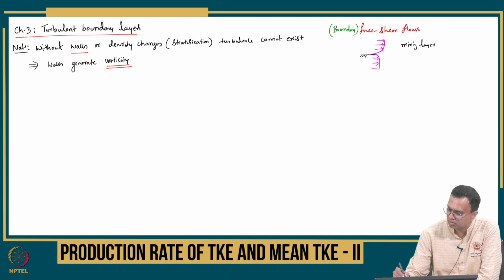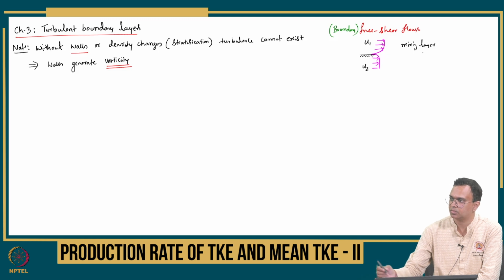So this is your wall. So I have a wall, right? On either side I am letting the same fluid flow at different velocities. This is, let's say, u1, and then let this be u2 velocity, two different velocities.